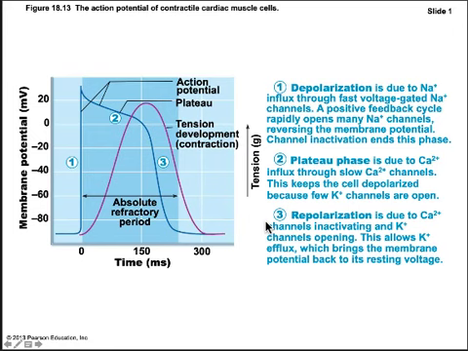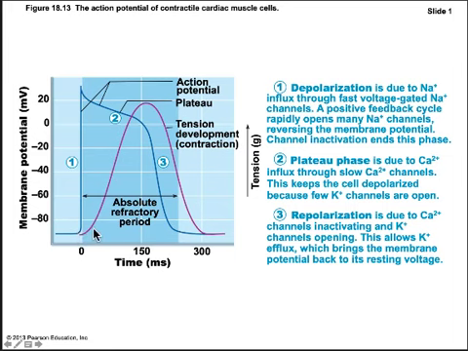Repolarization happens when the calcium channels shut and potassium channels open wide, and the result is an efflux of potassium that brings us all the way back down to our resting voltage. Then again, the sodium-potassium pump and calcium channels bring the ion concentrations back to where they were before the initiating event.